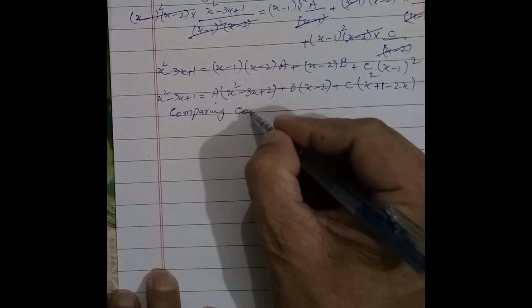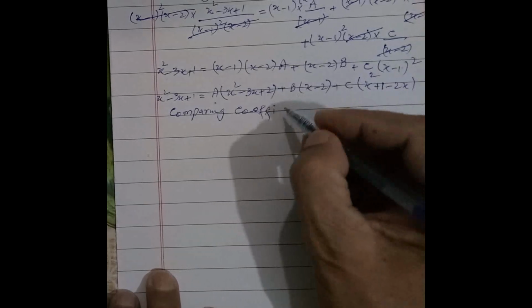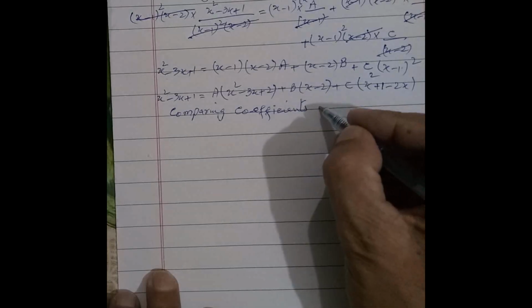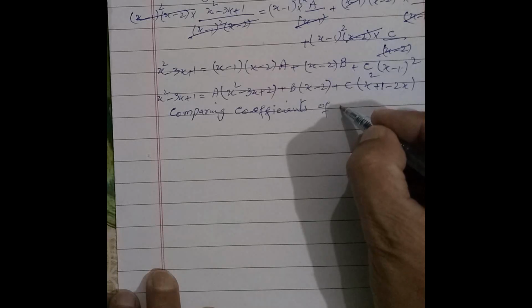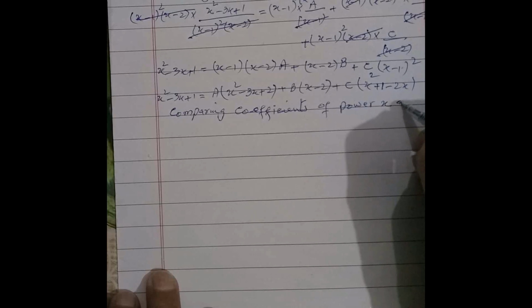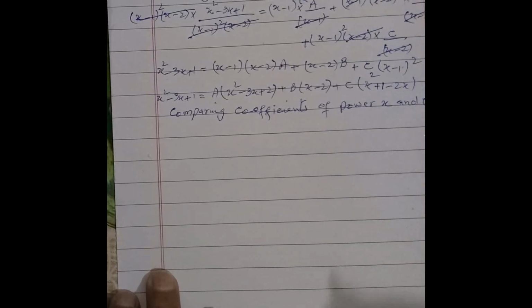Comparing coefficients of power x and constant, the highest power of x is x square.